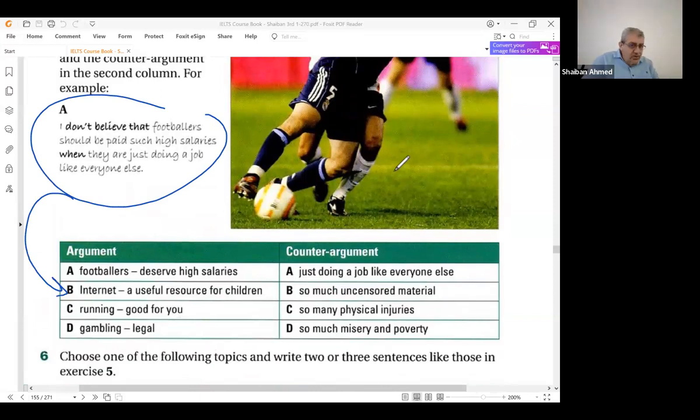I don't believe that the internet is or can be a useful resource for children, comma, when there is so much uncensored material, when there is so much violence. Okay, yes, like this.